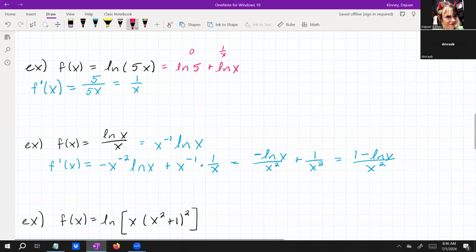Hang on, let me check: the derivative of the top times the bottom minus the top times the derivative of the bottom, all over the bottom squared. Yeah, okay. It seemed weird. I just wanted to double check that it was good, and it is. So yeah, the hard part of this one was the product or quotient rule.